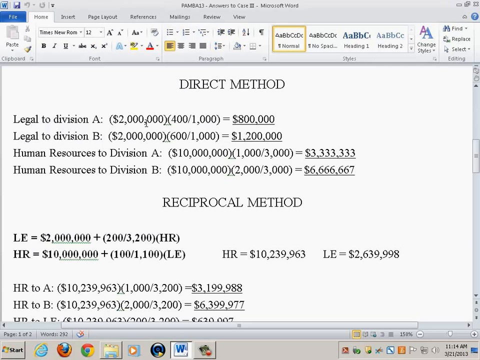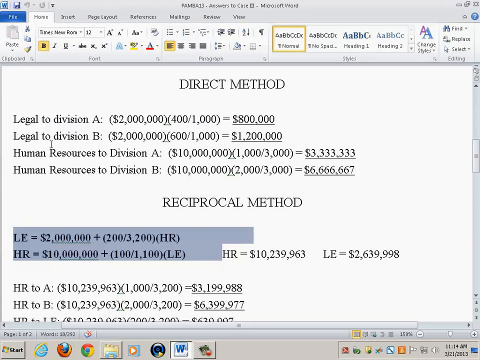So in order to capture that, the simple mathematical tool is simultaneous equations. Since we have here two support units and two operating divisions, we're going to have two simultaneous equations with two unknowns. And the simultaneous equations are set up here.